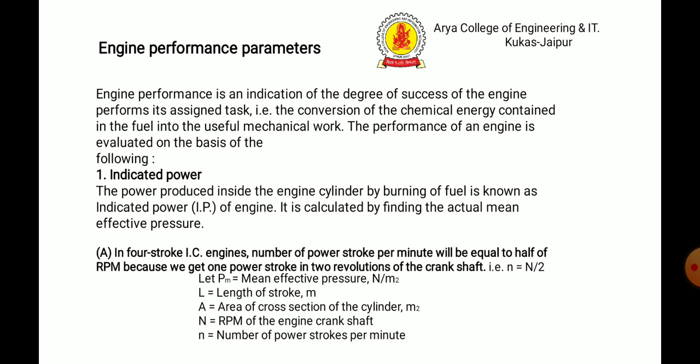The amount of power which is produced inside the cylinder by burning of fuel is known as indicated power, and it is found using the actual mean effective pressure. First we take the case of a 4-stroke engine, where the number of power strokes per minute will be equal to half of RPM, so small n equals N by 2.